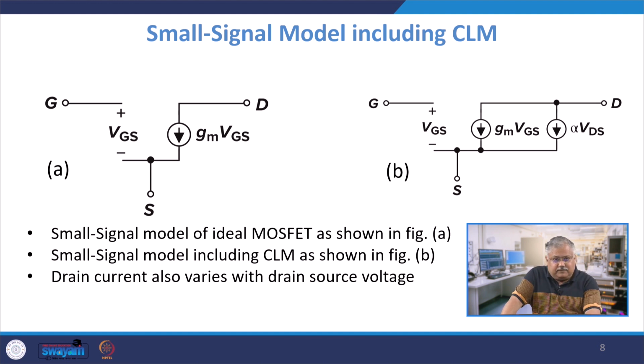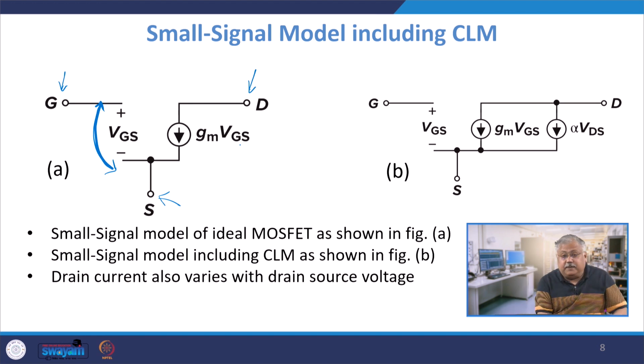So let's look at the left hand side and then we'll go to the right hand side. In the left hand side, there are three terminals: gate, drain, and source. The voltage between gate and source is given as VGS here. Between drain and source, there will be a current flowing, which will be defined as GM times VGS.